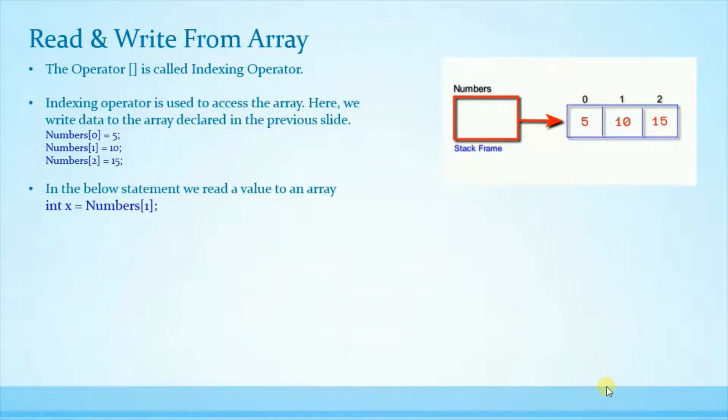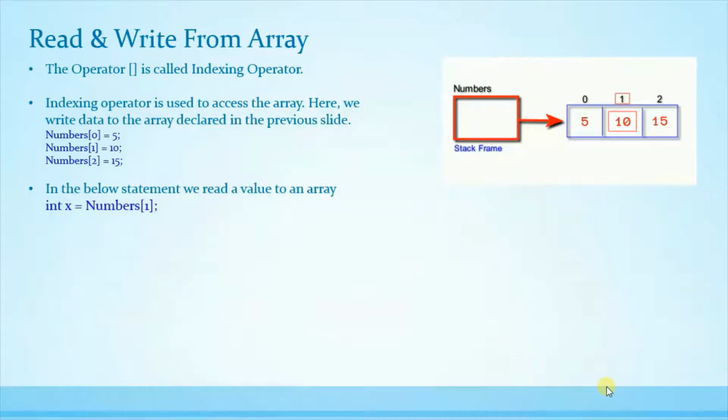In the below statement, we are actually reading the content from the populated array. Here, since we are keeping it on the right side of the equal to, the value is read from numbers of 1. That means the array at the second slot, identified by the index 1.